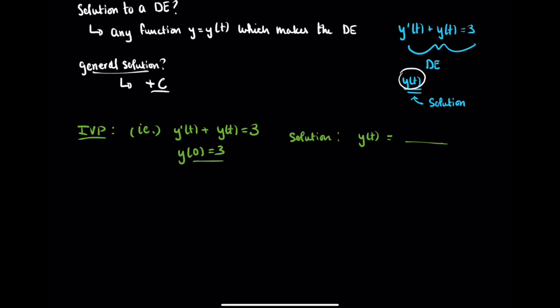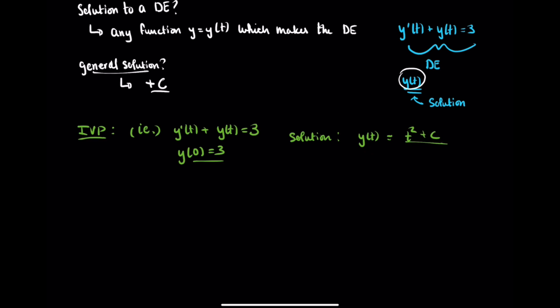This is not true, but let's just pretend that it was t squared. So it's going to be t squared plus c, and then you would just plug in the 0 and the 3, right? So c equals 3. That's all it is. This is a way of finding that plus c.